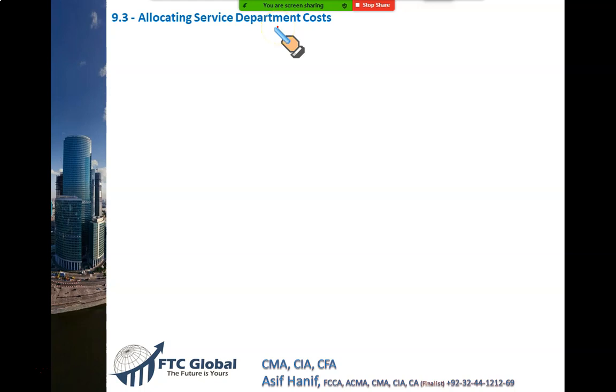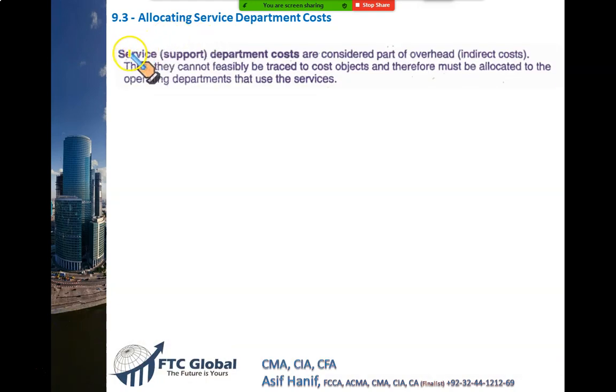So first of all, we need to understand what the service departments are. There are many service departments, also called the support departments, in our factory. They do different works for us, like canteen, stores, maintenance department, quality control department, inspection department, IT department.